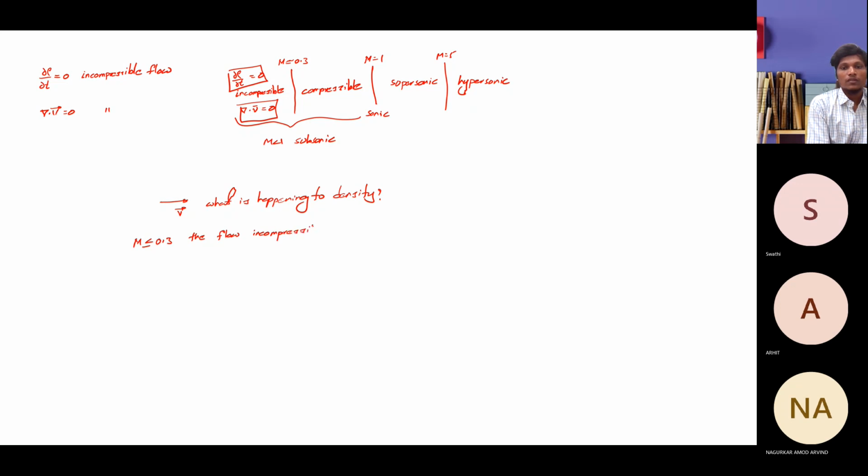So when I state this kind of definition for incompressible, you may ask from your understanding of IC engines: when I have a piston arrangement here, and I am compressing the fuel-air mixture that is coming in, where is the velocity here?